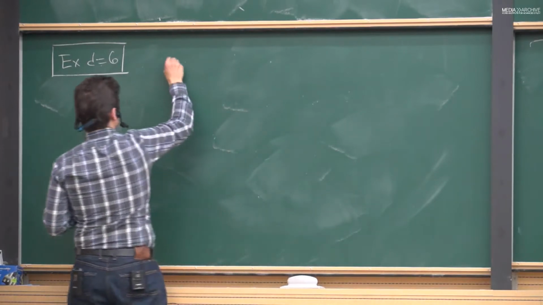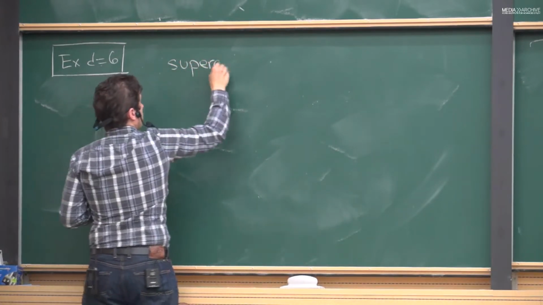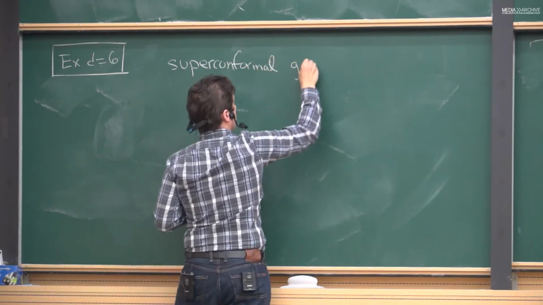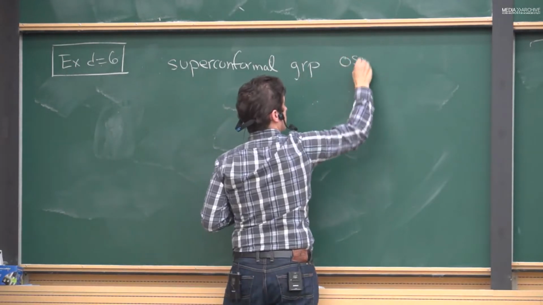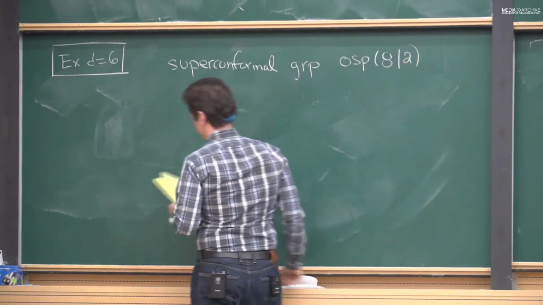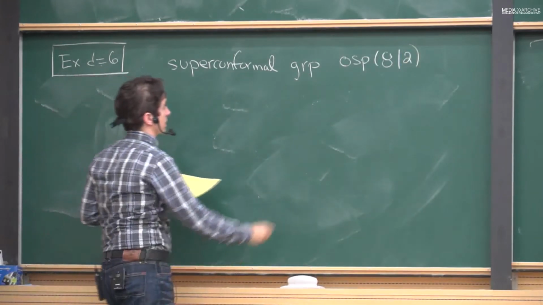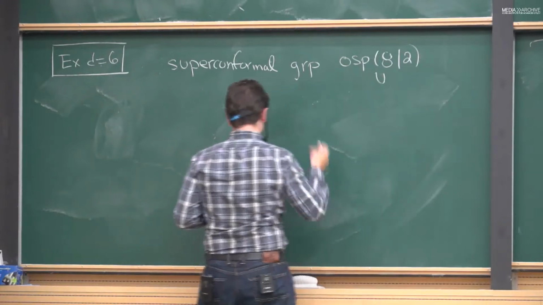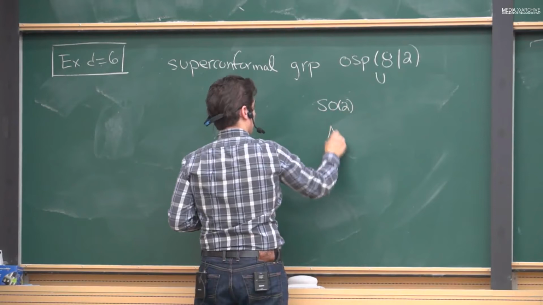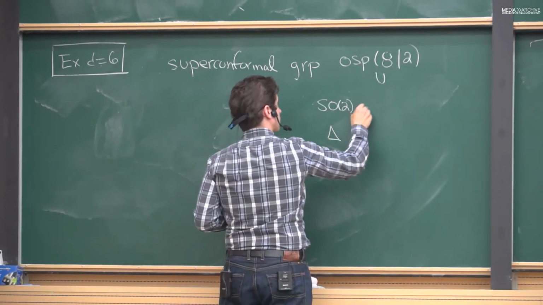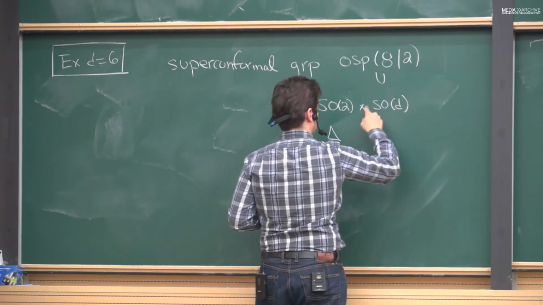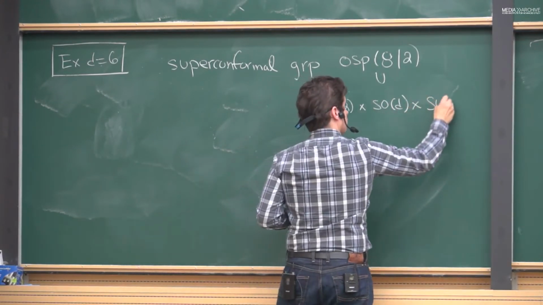The superconformal group is OSp(8*|2). This contains inside it a bosonic subalgebra that I'll use, which is SO(2), whose eigenvalue is the scaling dimension delta, an SO(6) Lorentz representation, I'll come back to how I label this, and an SU(2), which is an R symmetry.